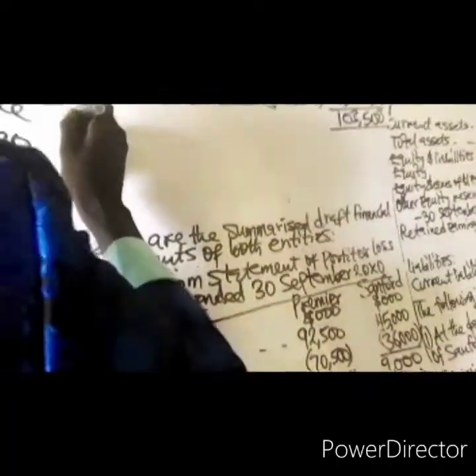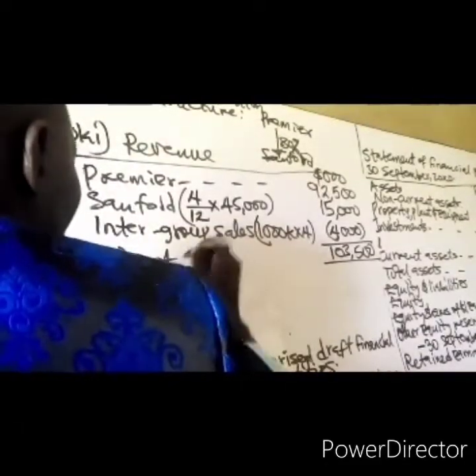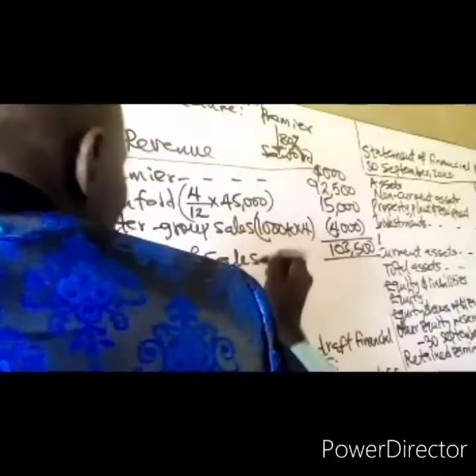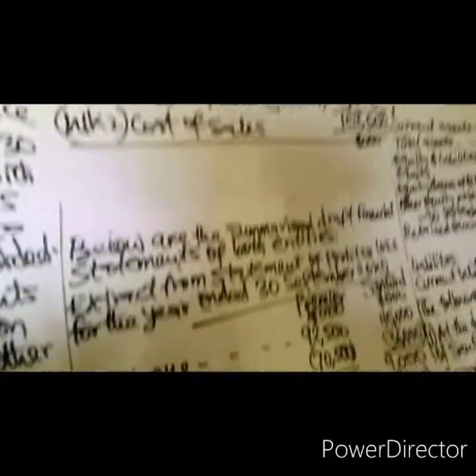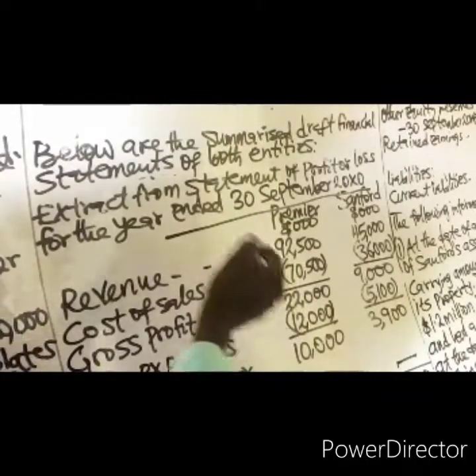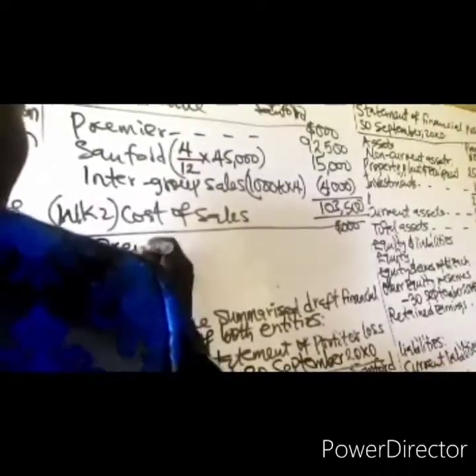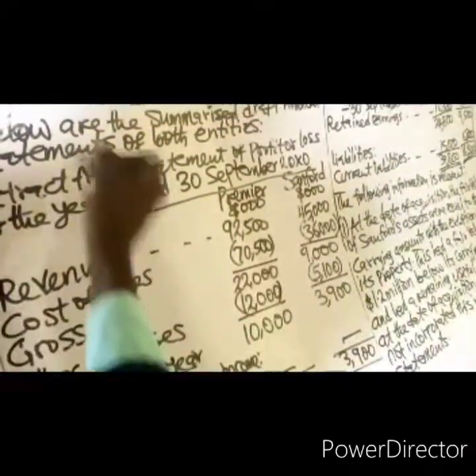After revenue, working two, we have cost of sales. That of the parent. The cost of sales of the parent, which is Premier, is 70,500, plus Sanford cost of sales, which is 36,000.